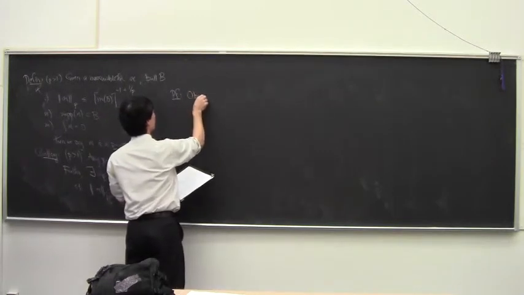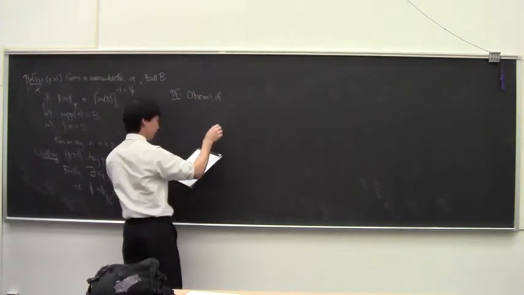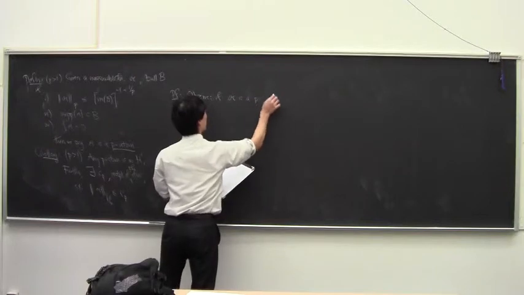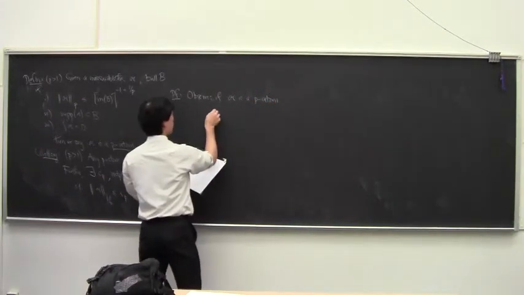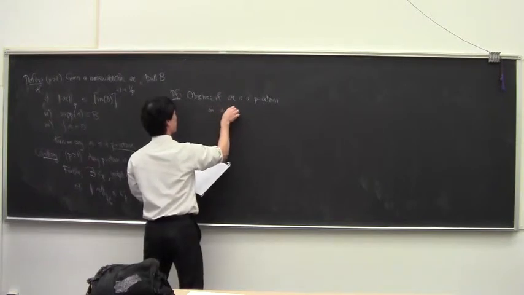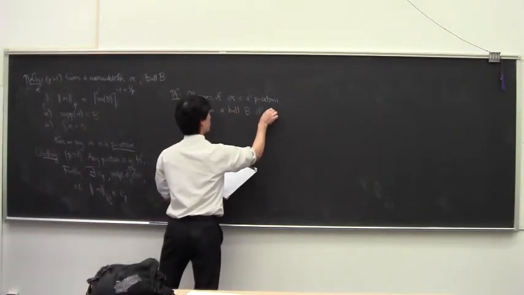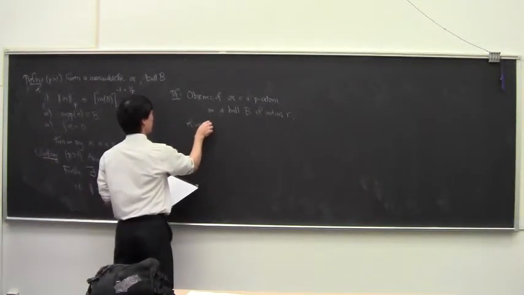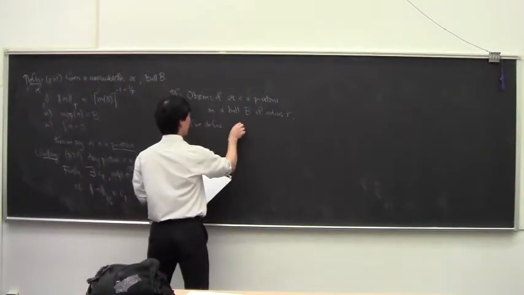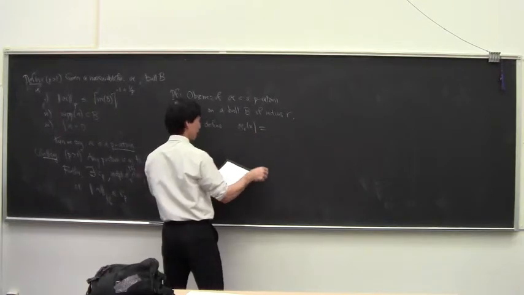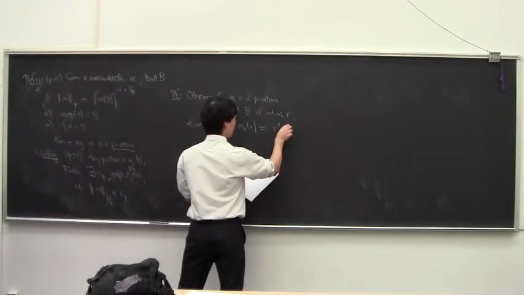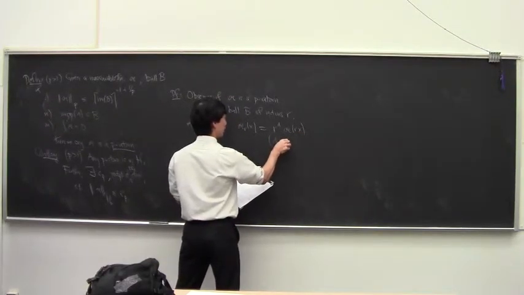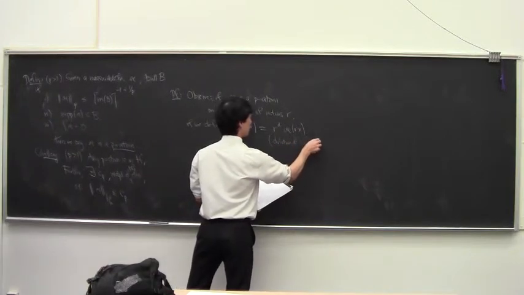Observe, if A is a P atom on a ball B of radius r, say, and we define A sub r of x to be r to the d times A of rx, this is the dilation of A to the 1 over r scale.